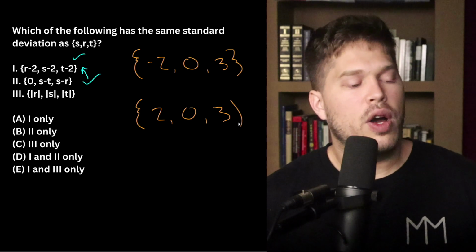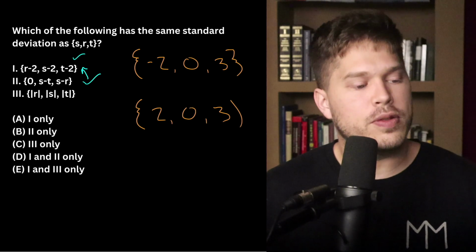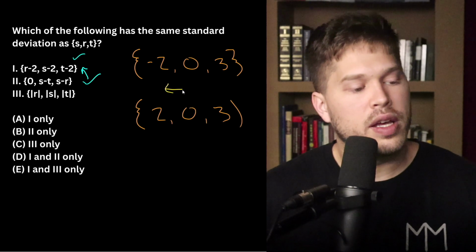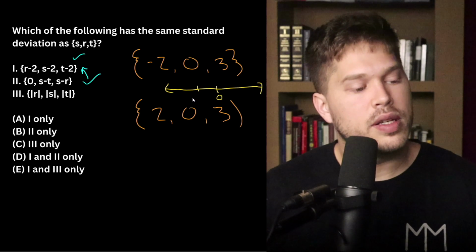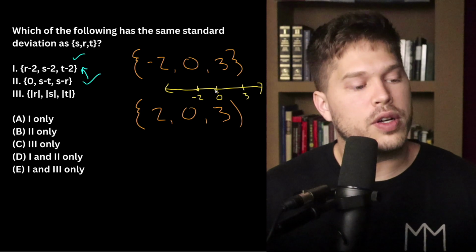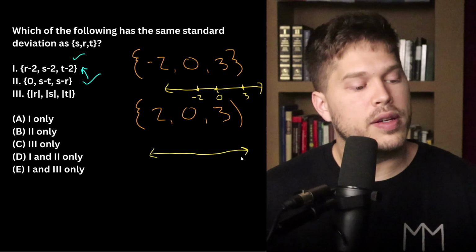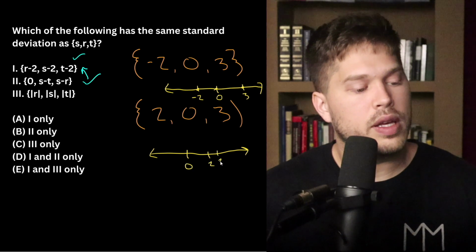Okay, and notice how now our numbers have some different spread. This might be best illustrated on a number line. On a number line, we have 0, negative 2, and 3. And these numbers are spread out, not uniformly, but they have some spread. And then our new spread would be 0, 2, and 3.